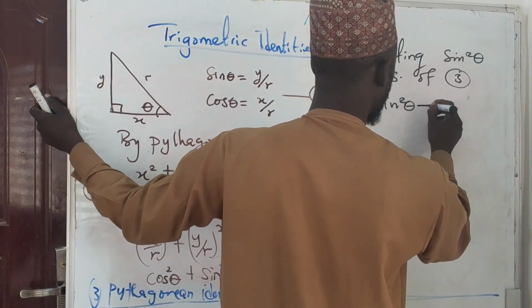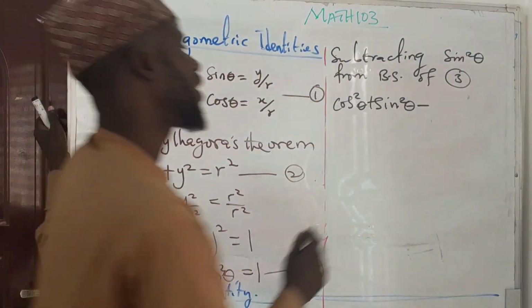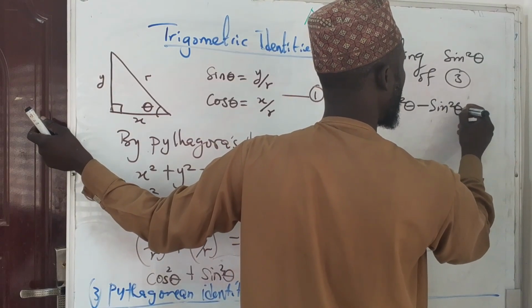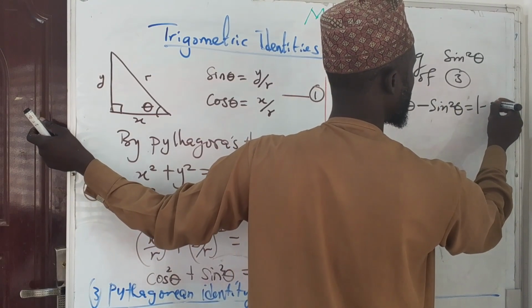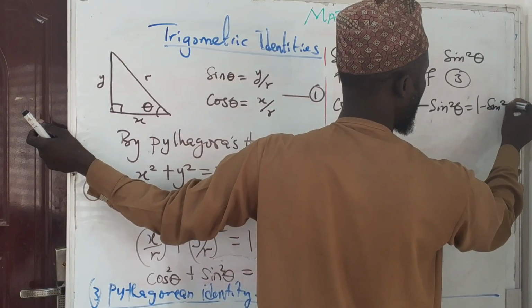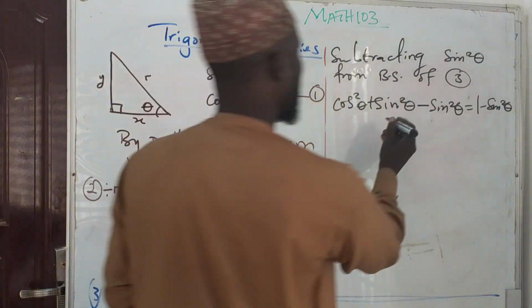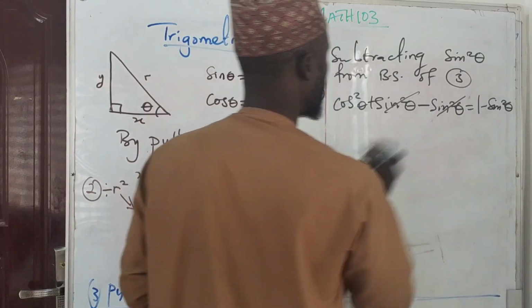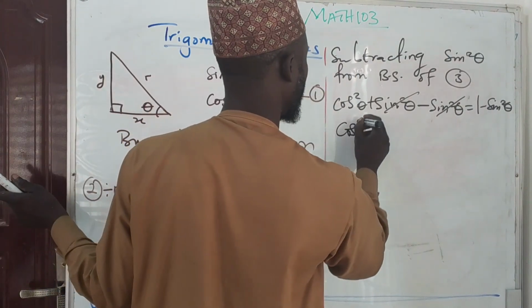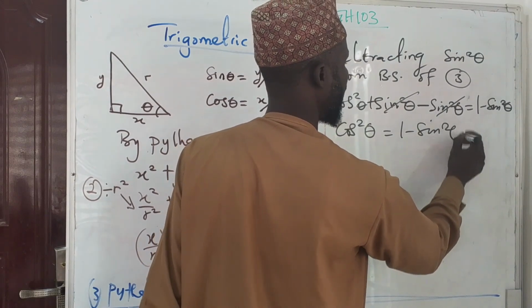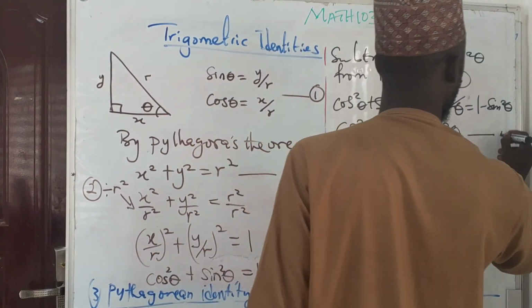So we are subtracting sine squared theta from both sides, giving 1 minus sine squared theta. The sine squared theta terms cancel on the left, so we have cos squared theta is equal to 1 minus sine squared theta. Call this equation number 4.